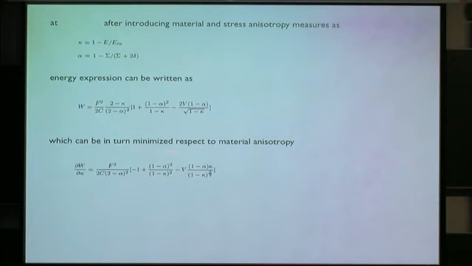If I put it equal to 0, I cannot find an explicit simple equation between kappa and alpha, but it is clear that at least for 0 Poisson ratio, I mean compressible material, alpha and kappa should be equal in order to have this expression equal to 0. It means that if we have the same degree of anisotropy in stress and material, we have minimum energy also.